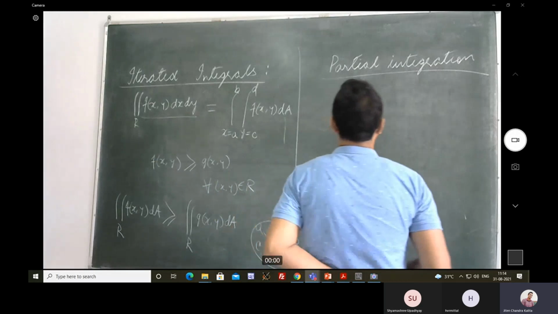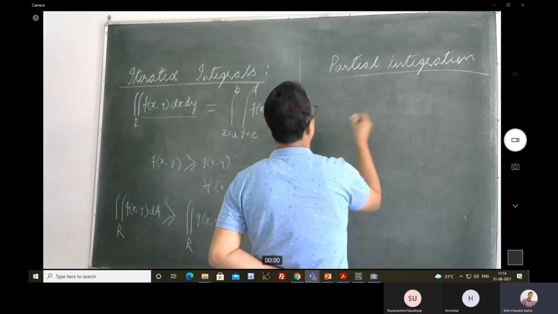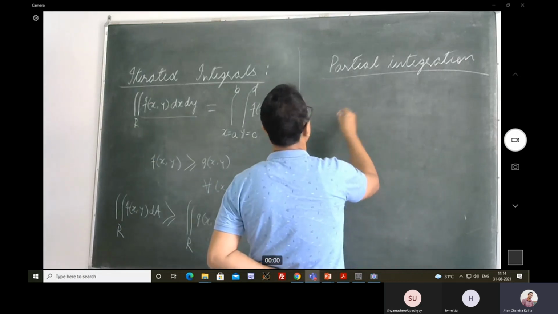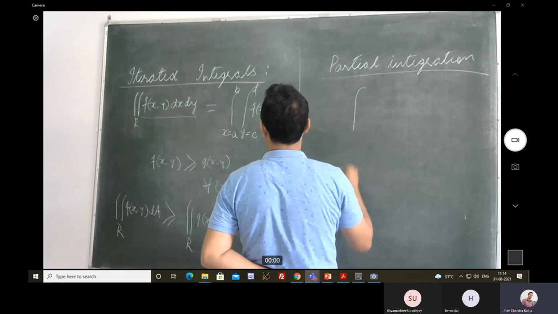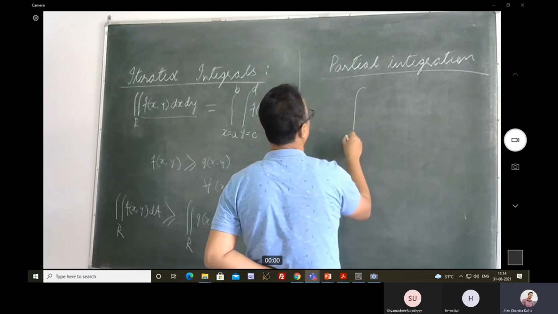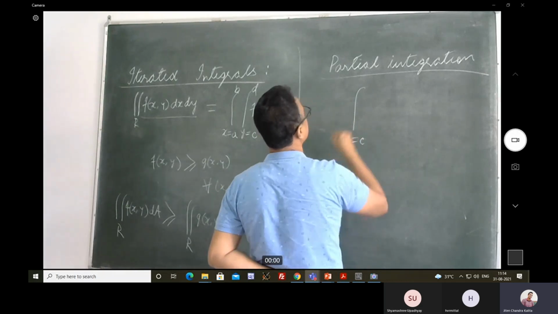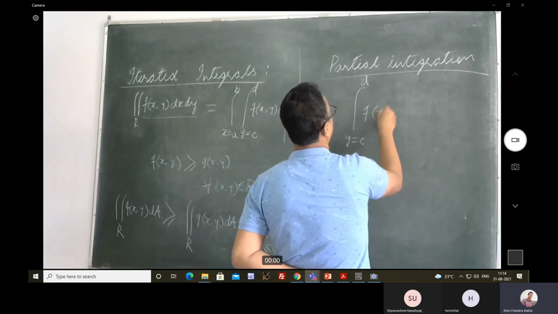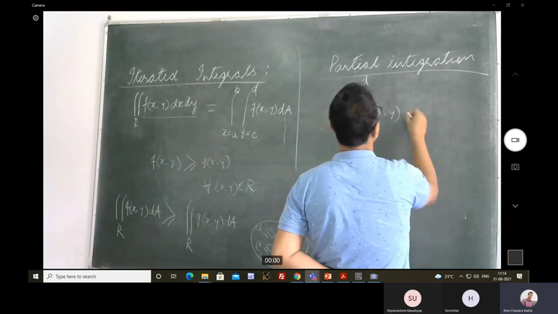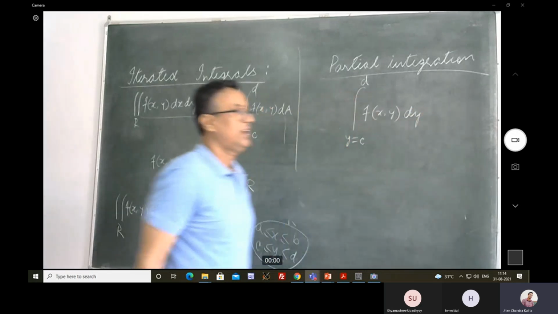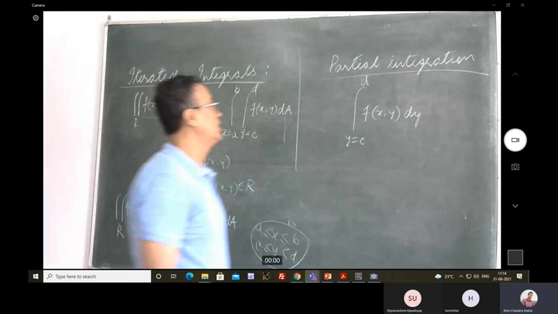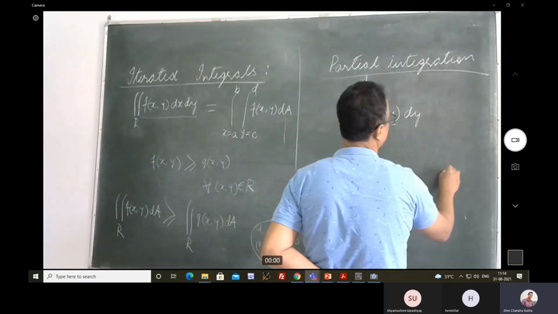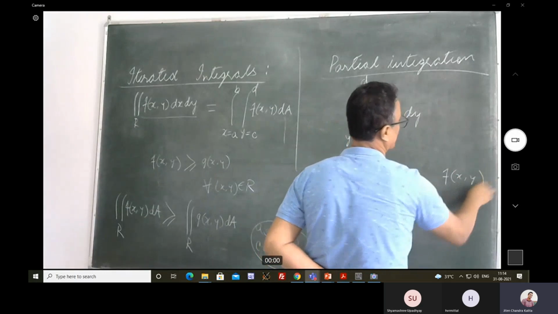So suppose I consider this integral, y equal to c to d, of f(x,y) dy. Now you know that f is a function of two variables x and y.